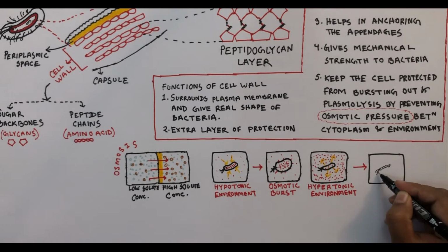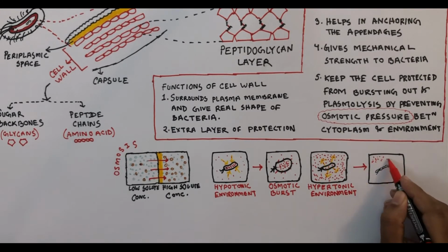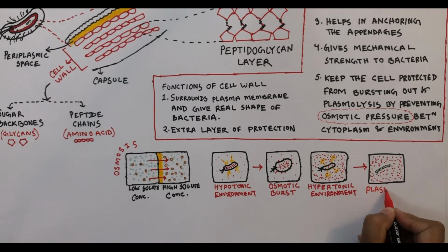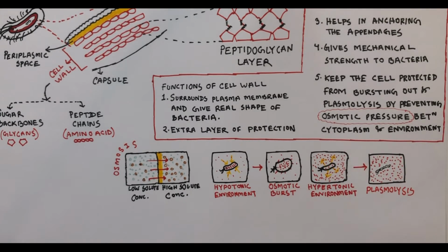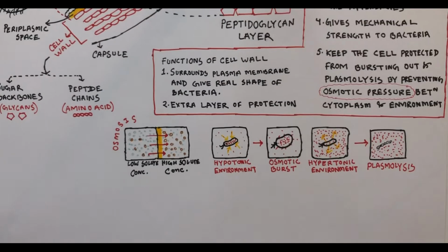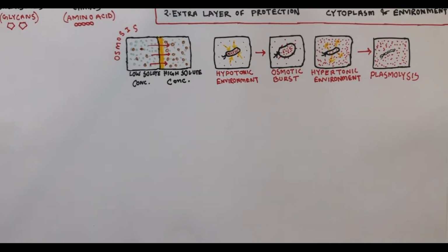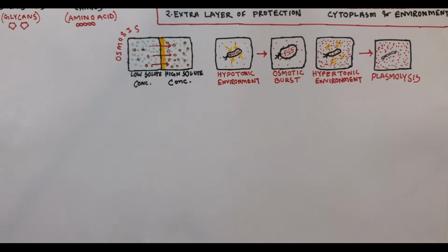If there is no cell wall, bacteria will keep on shrinking and lose its shape. Eventually, the cell will collapse and lead to plasmolysis. Okay, now we understand when cell wall is present in bacteria, this prevents the osmotic pressure and protects the bacteria from the osmotic burst or plasmolysis.